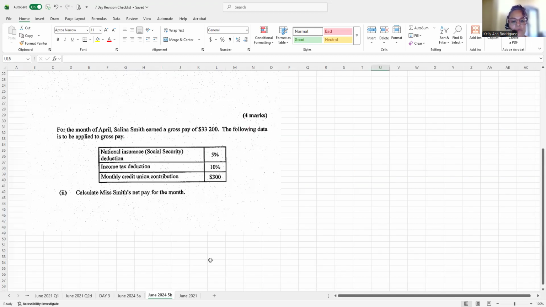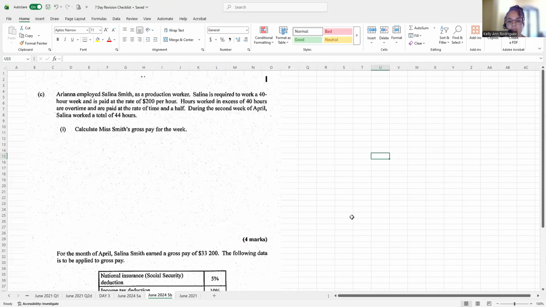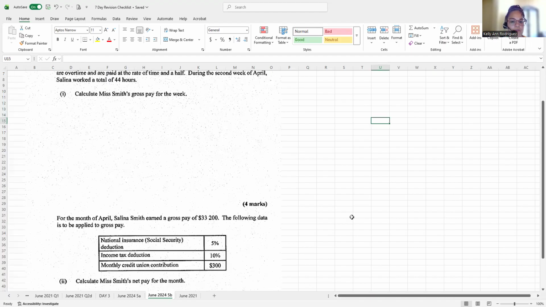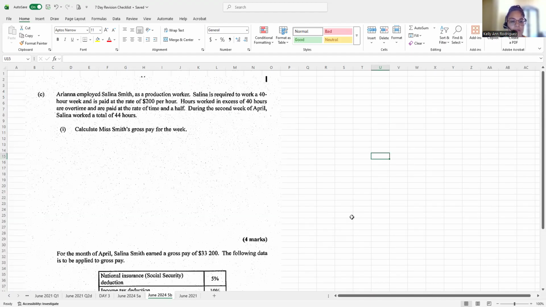Question 5B went on to give you additional marks for a simple payroll question. Those of you who do not know payroll, it comes regularly in the syllabus. You will see big calculation questions in payroll, a full working question. All you need to remember to do a proper payroll question is: what is your gross wages?